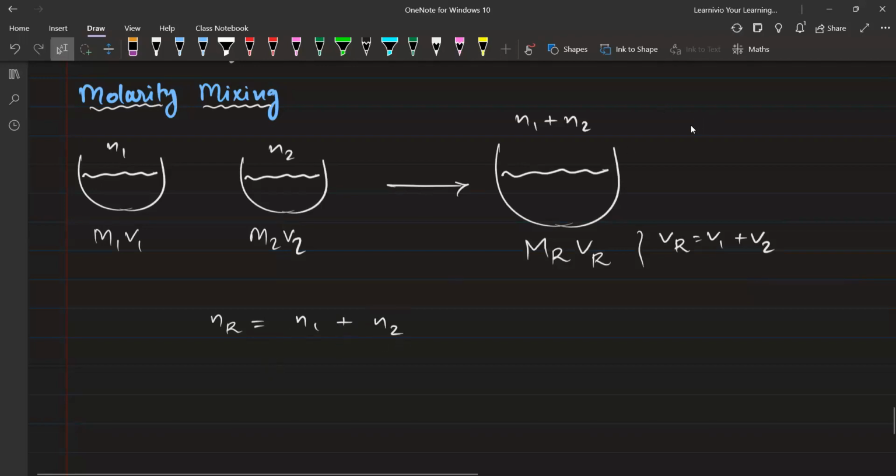Now we know that molarity is equal to number of moles by volume. So number of moles will be equal to what? Molarity into volume. क्या ख्याल है? So instead of N1, I can write M1V1. Instead of N2, I can write M2V2. Instead of NR, I can write MRVR.